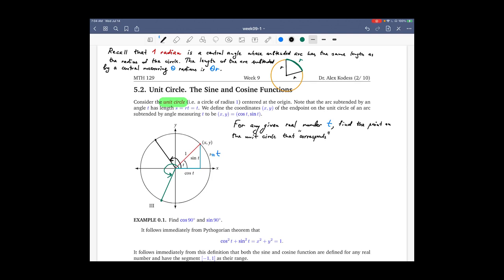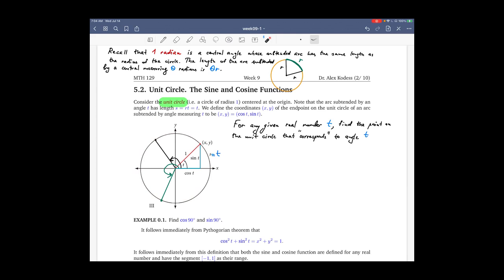Corresponds in quotation marks. What does that mean? It means that we view t as an angle. If it's positive, we rotate from the positive direction of the x-axis counterclockwise as many radians as needed. If t is negative, we rotate from the positive direction of the x-axis in clockwise direction as many radians as needed. Either way, any real number t gives you a particular point on the unit circle.